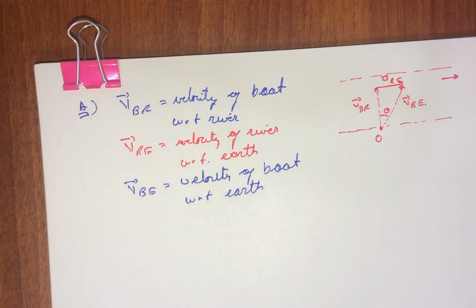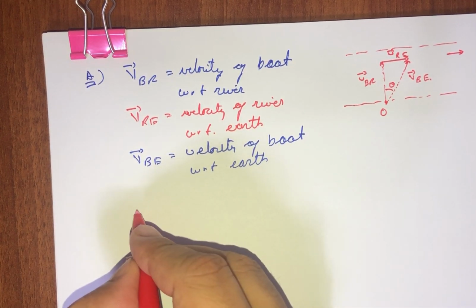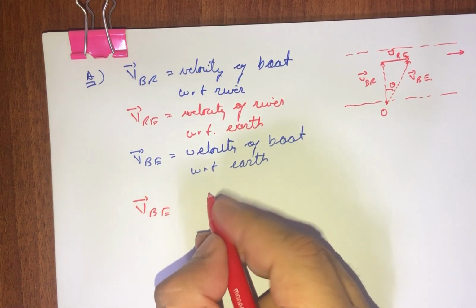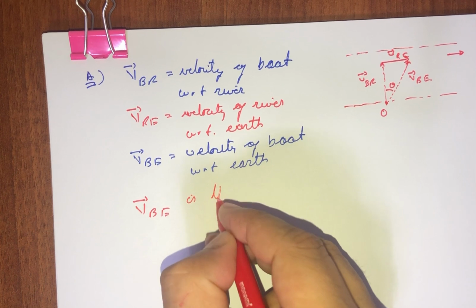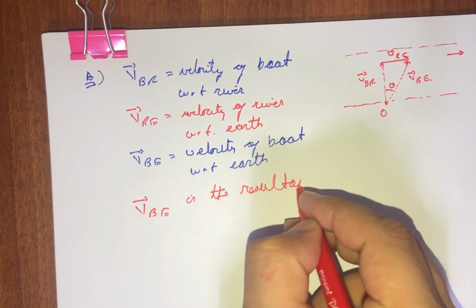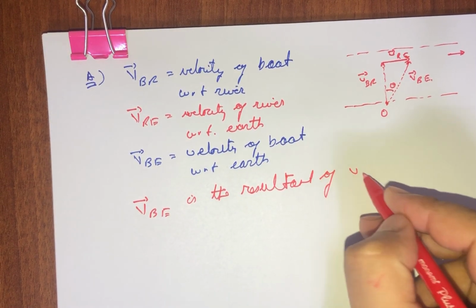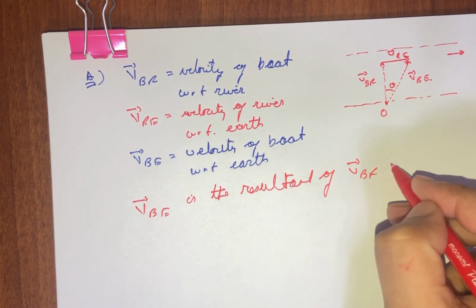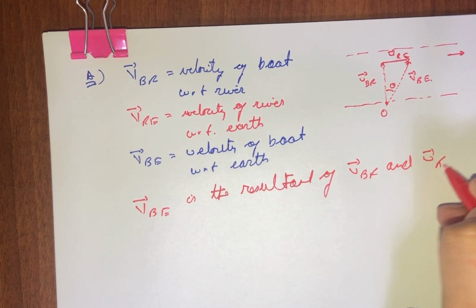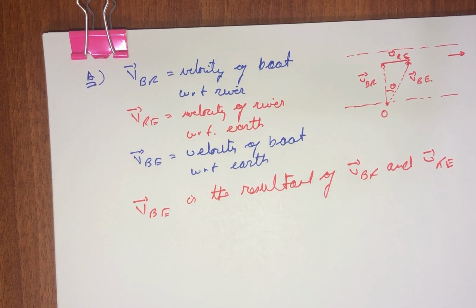Okay, now the important thing here is that VBE is the resultant of VBR and VRE, which we can see from this triangle also.